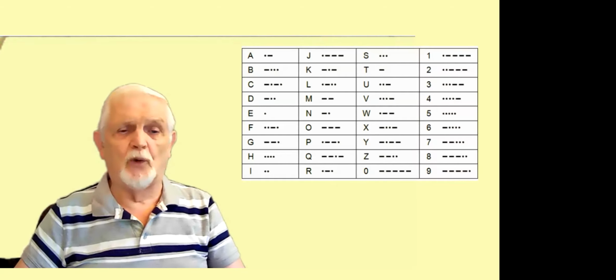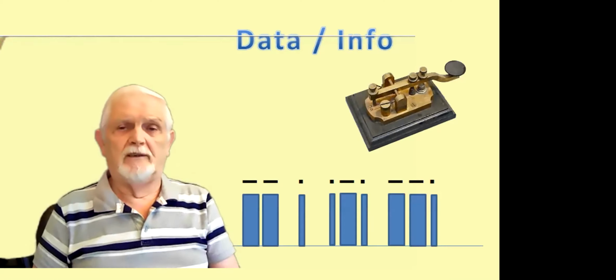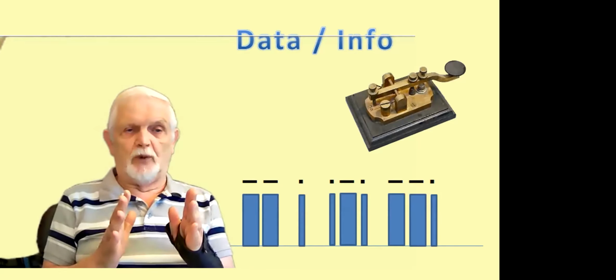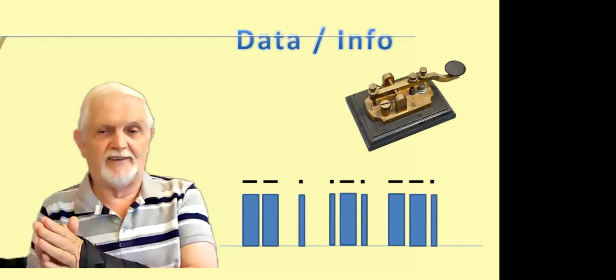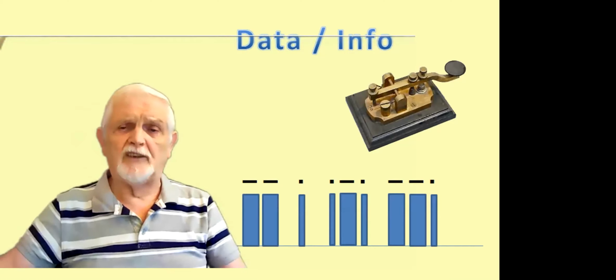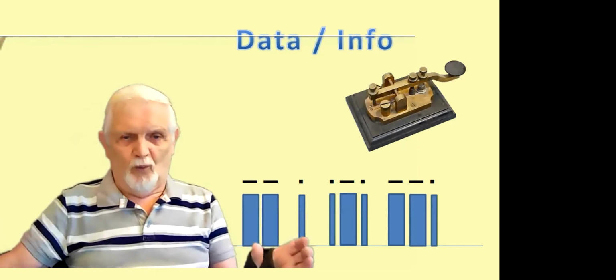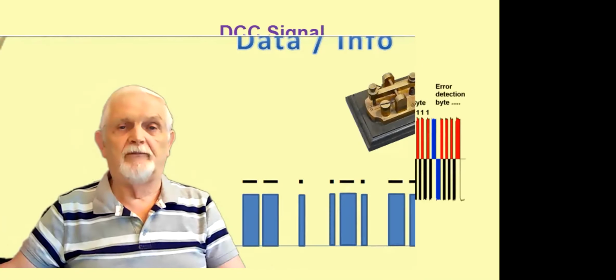Why am I bothering? That's so old technology. That's what it looks like in Morse code. A wide pulse of tone, da, another wide pulse, da, narrow pulse, dit, and so on. And I did say there's nothing new under the sun. So there's a pattern of wide and narrow pulses to pass information.